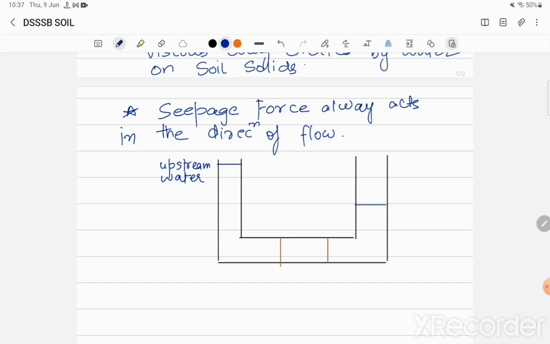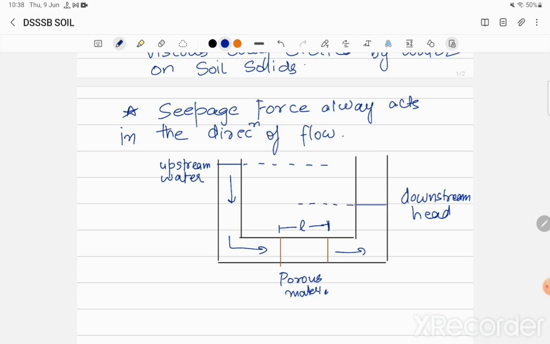Since water will flow from higher head to lower head, let us consider this as downstream head. Let this be the length of the soil sample or porous material. Now the flow is going to be taking place from upstream to the downstream. Let the difference between the level surfaces of the upstream and downstream water be h.